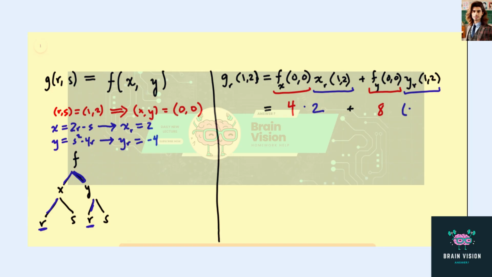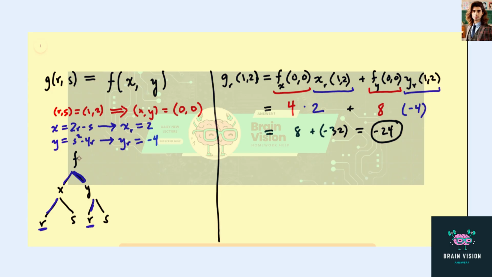Just another constant. Okay, so we have our first answer. 4 times 2 is 8. 8 times negative 4 is negative 32. So we should end up with minus 24 as our answer for that first one.